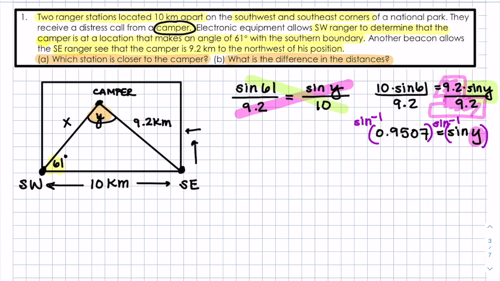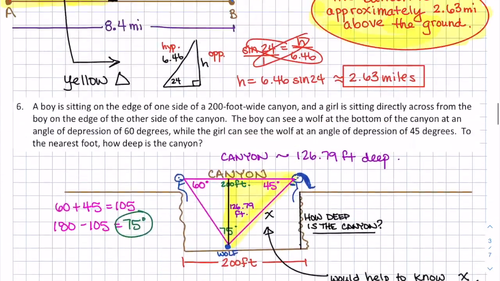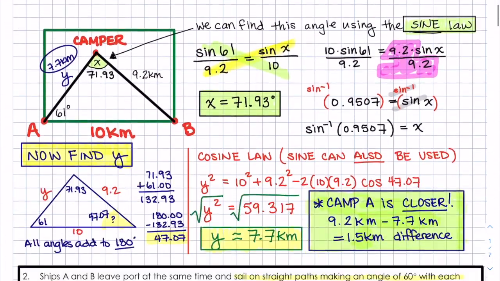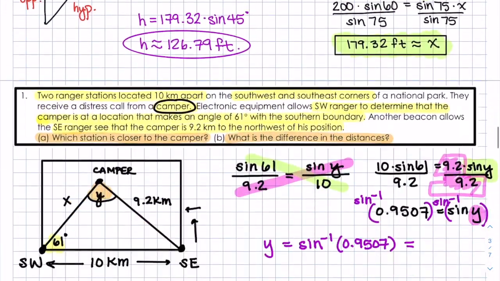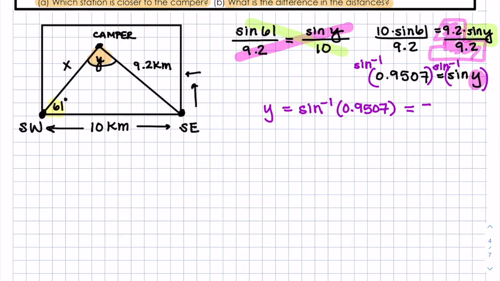So pretty much this means we can find angle y by doing sine inverse of 0.9507, which I'm going to cheat again real quick, ends up being 71.93 degrees. Okay, so now I know this angle.